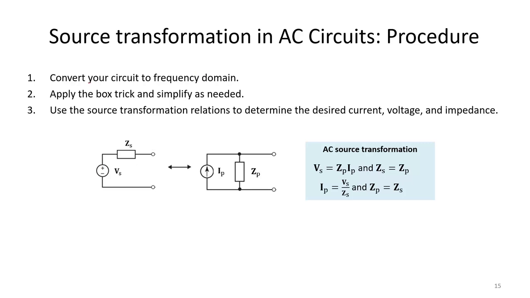First, we just need to convert our circuit into frequency domain. So we convert our sinusoidal voltages and currents into phasors. And then, of course, we convert all the other components to impedances.